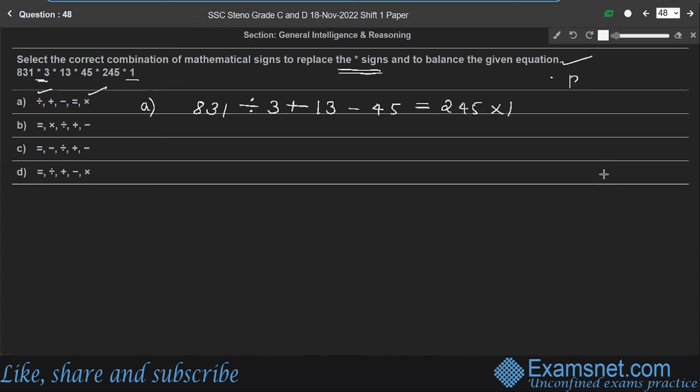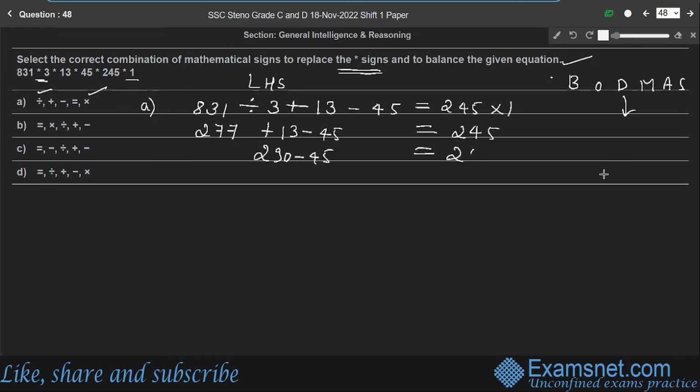To solve this, let us use BODMAS rule, according to which, in the left hand side part, we have division and addition and subtraction also. Let's go for division first. So here 831 by 3, which is 3 into 277, 277 plus 13 minus 45, is equal to 245 into 1 is 245. 277 plus 13 is 290, minus 45 is obviously equal to 245.